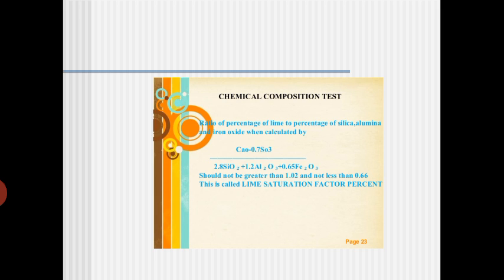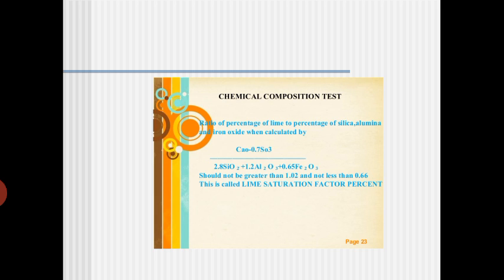Some are titration methods, like in your environmental lab, maybe you find the hardness of water by the titration method. Similarly, some titration methods are used to test cement, but they are not that accurate. We will follow the EDX method and XRD method to find out the chemical composition.